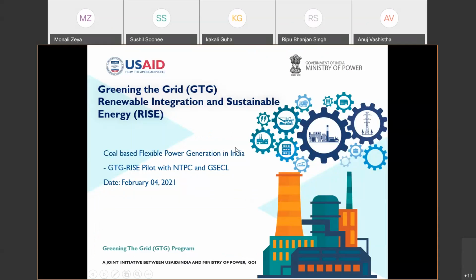One of the strongly emphasized recommendations in the study was that RE grid integration is definitely possible with large coal-based units getting flexed from the existing 60 or 70% of operational loads to 40%. That would essentially result in reducing the curtailment of RE by a significant amount. And that's precisely the premise on which we started off way back in 2017 on this particular pilot.